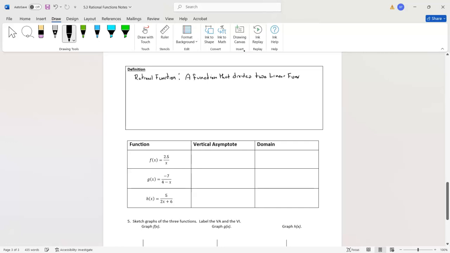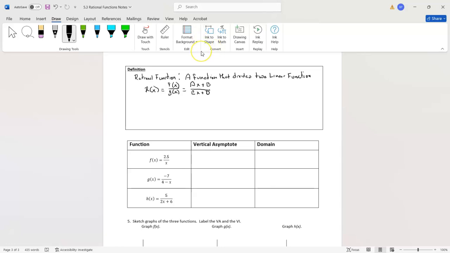And again, a linear function has a constant additive rate of change. So I'm going to call this r of x since it's a rational function. That's going to take f of x divided by g of x, where f of x is a linear function, and so ax plus b, and we're going to divide it by another linear function, cx plus d.